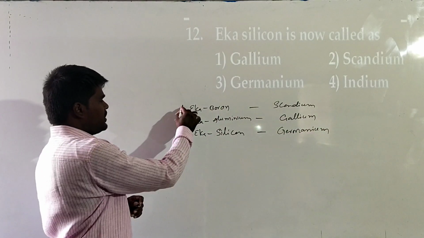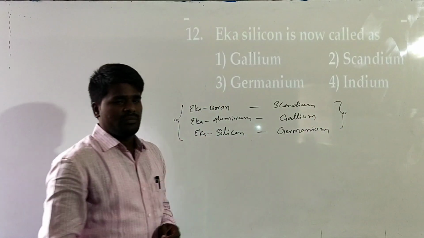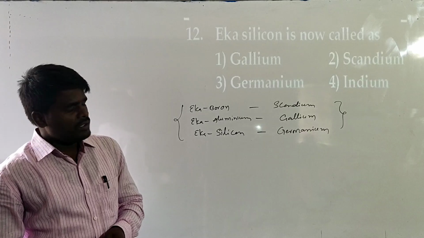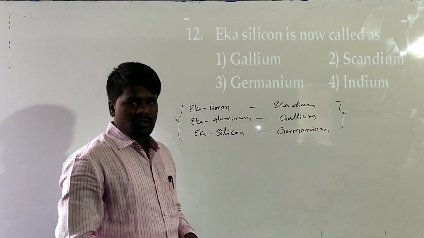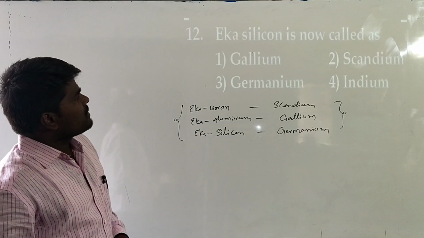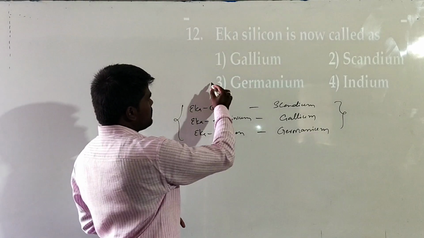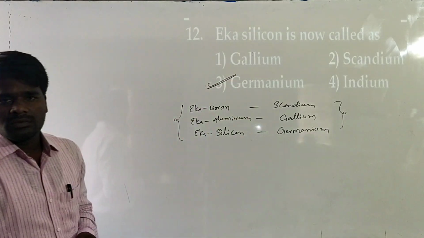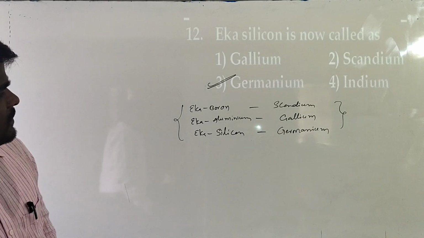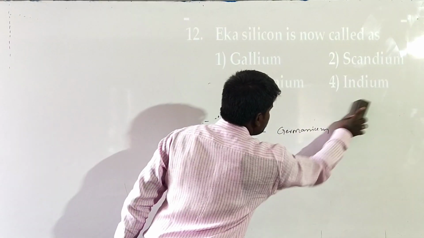So these three elements and their discovered counterparts, total 6 elements, are very important. We frequently get questions from this Mendeleev periodic table. In our option, he was asking about silicon, right? Eka silicon, what is it called nowadays? Germanium, it is called, right? Shall we move to the next question? Good.